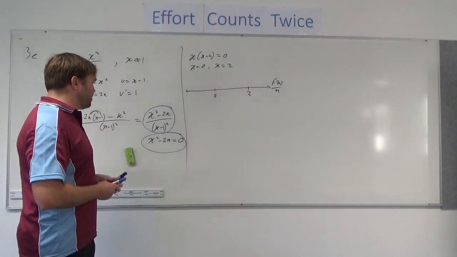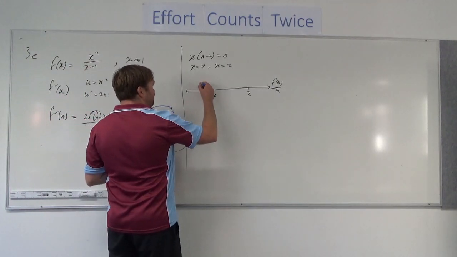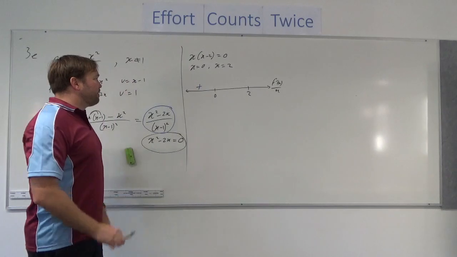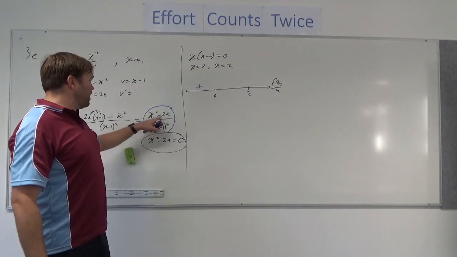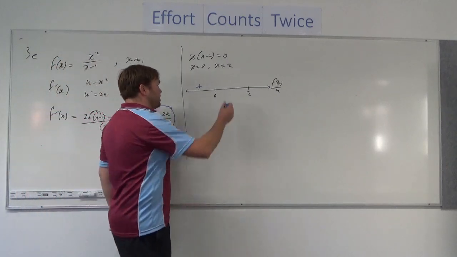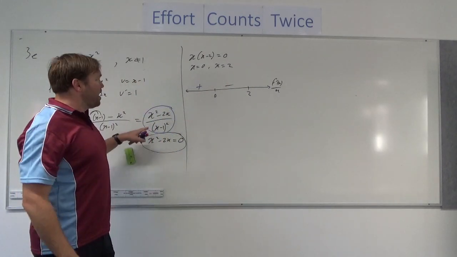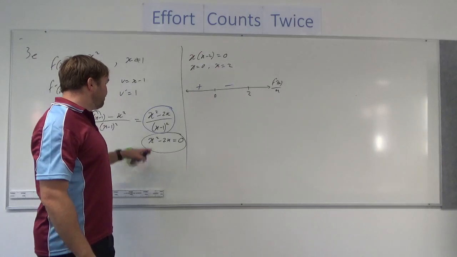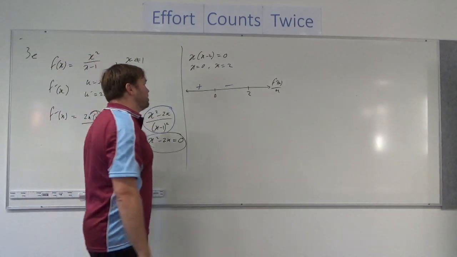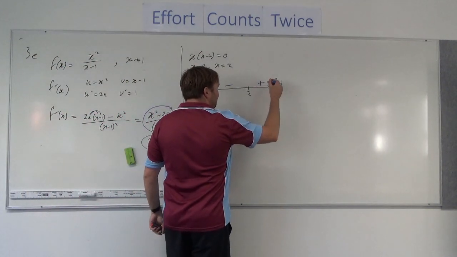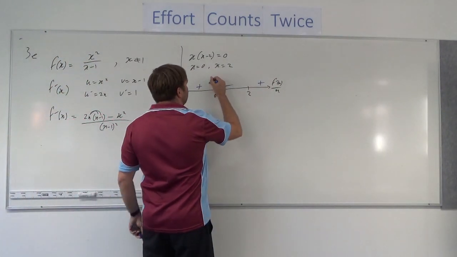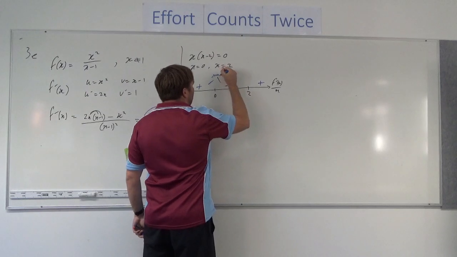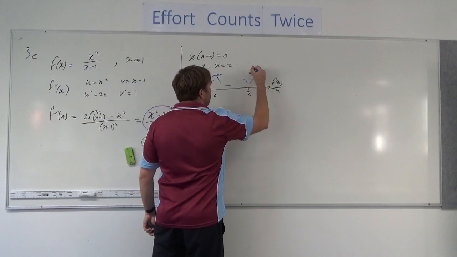Anything squared will always be positive. So that 4 at the top gives us the sign. If I sub in 1, meaning positive 1, 1 minus 2 is negative, on a positive is negative, and then if I sub in 3, 9 minus 6 is positive. So that we have a local max here and a min there.